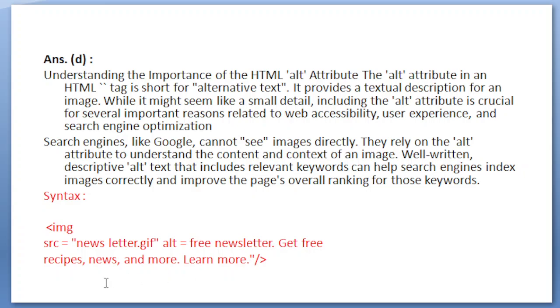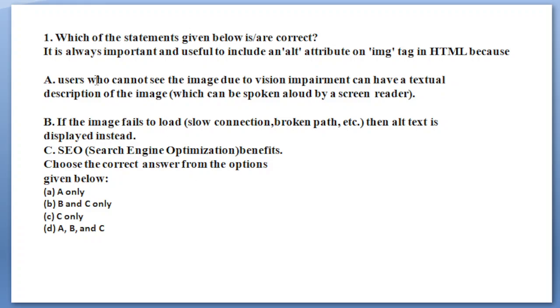Based on these keywords, search engines identify what the content of the image is and what context it should be displayed in. These are all the basic usages of the alt attribute. I hope this question is clear for you. So option D is correct.